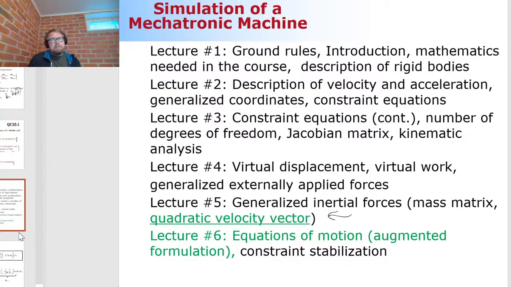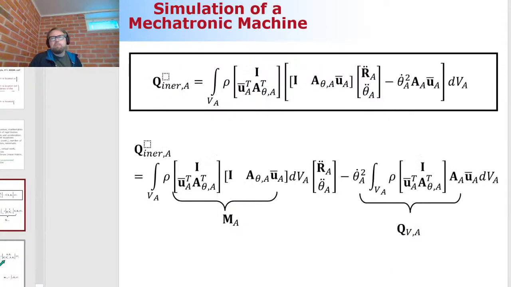The mass matrix is already a little bit difficult. But how about the quadratic velocity vector? Let's take a look at that. Once I'm explaining that to you, we will check the results from the in-class quizzes. I see that 6 students have not yet answered.